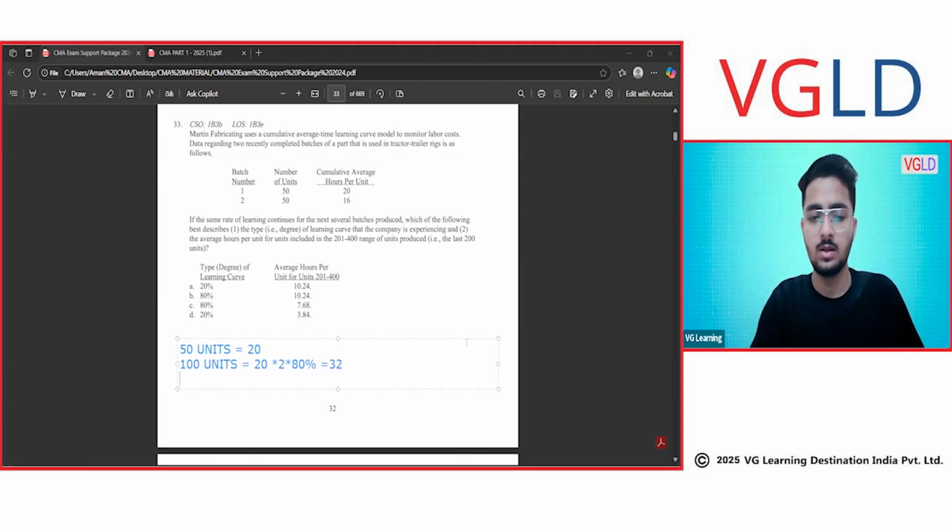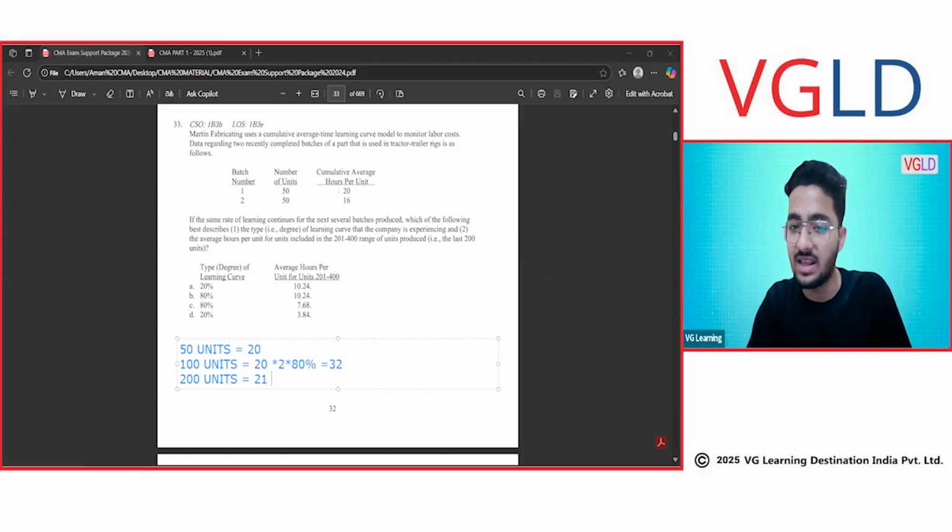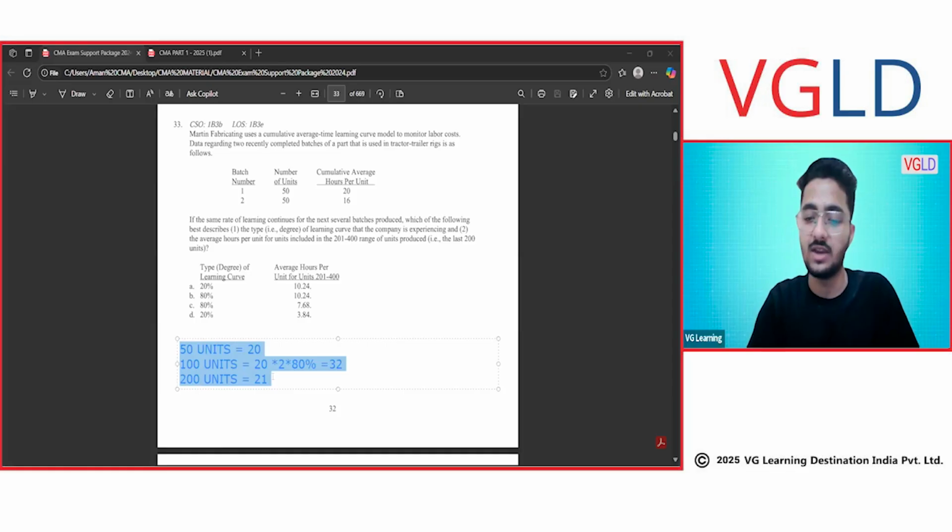Then 200 units, 32 multiplied by. Okay, so there is a glitch you all don't know. This is average time, guys, so I should multiply this when we are looking into the batch. It's very different.